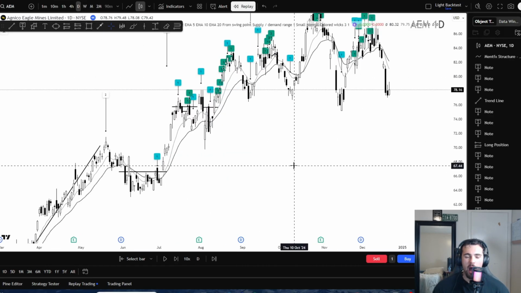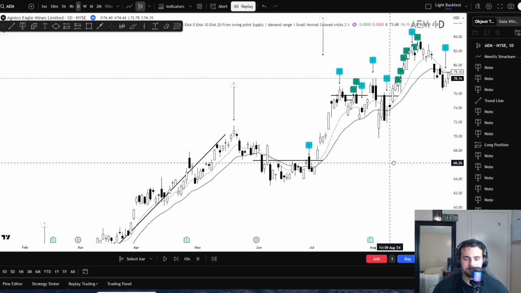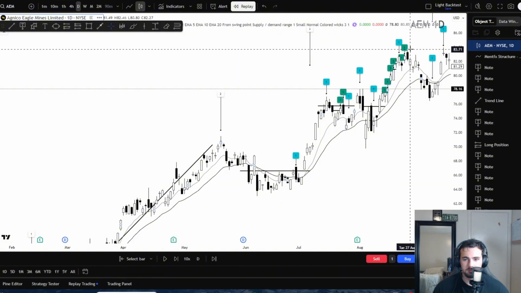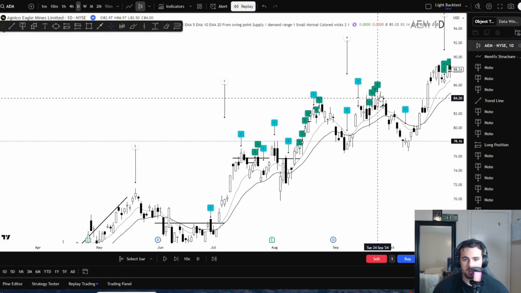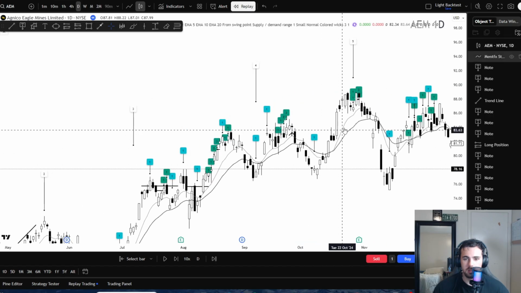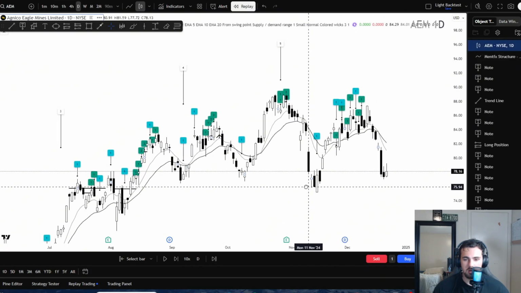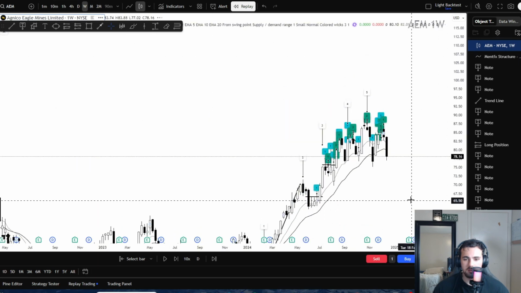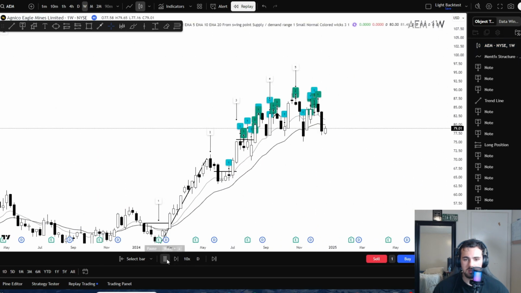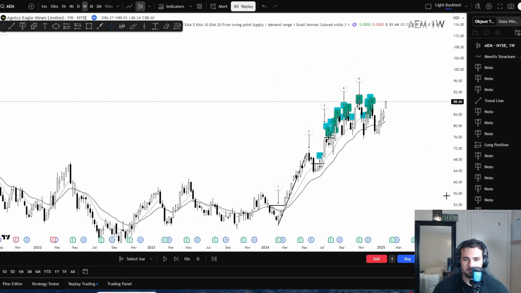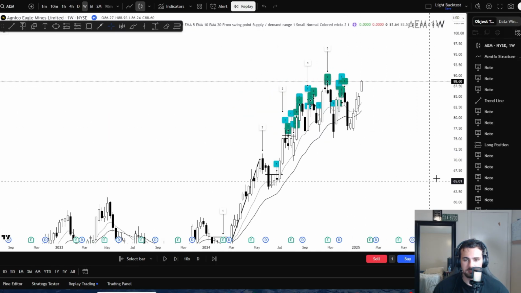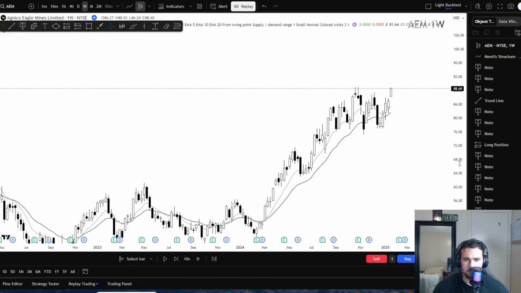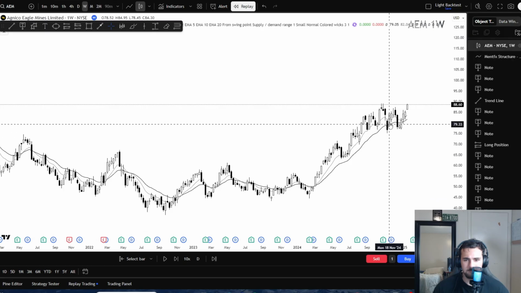Markets always break down in weird ways. Takes a low, comes up. Takes a low, comes up. Takes a low, comes up. Takes a low. After taking a low, let's just let this reset. So that is a reset. Just sideways.